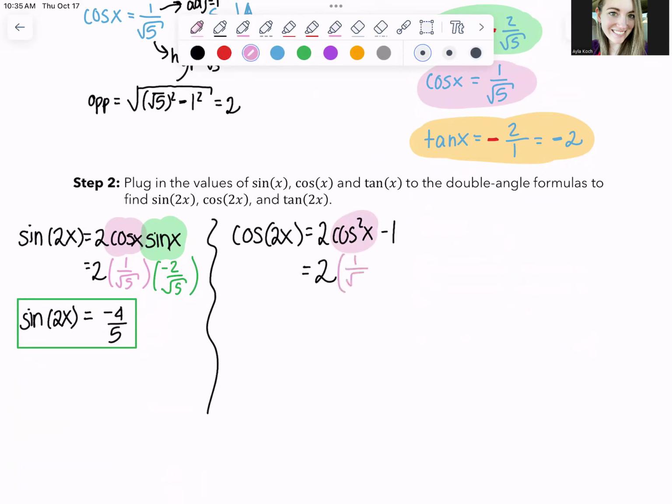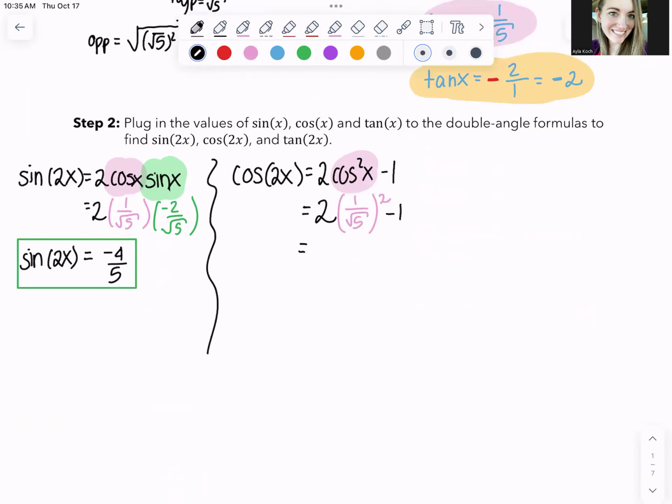We have 1 over square root 5 quantity squared minus 1. So this becomes 2 over 5 minus 1, which is negative 3/5. So cosine of 2x is equal to negative 3/5.